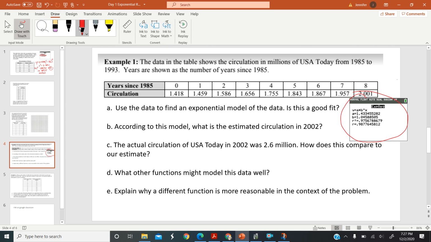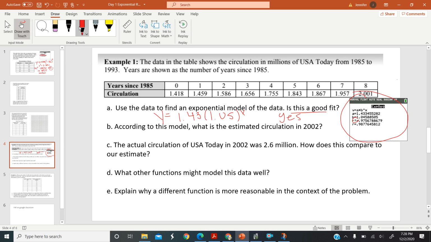If we were writing out the equation, it would end up being y equals 1.43 times 1.05 to the x power. And then, is it a good fit? The r squared value is 0.975, so yeah, it's a pretty good fit.